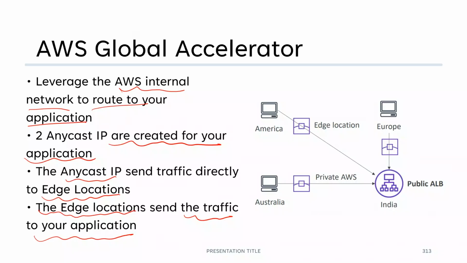Instead of using your own IP addresses, you use Anycast IP to route the data from the edge location to your application. That's what is happening.